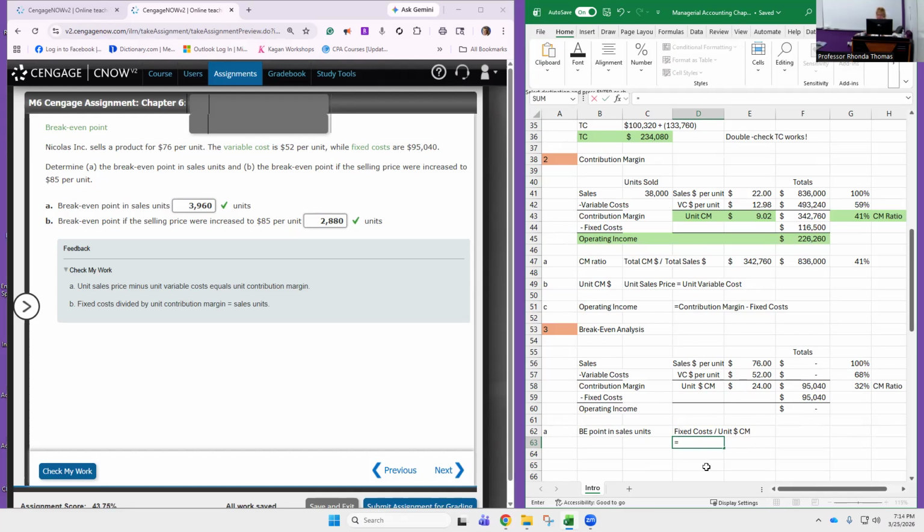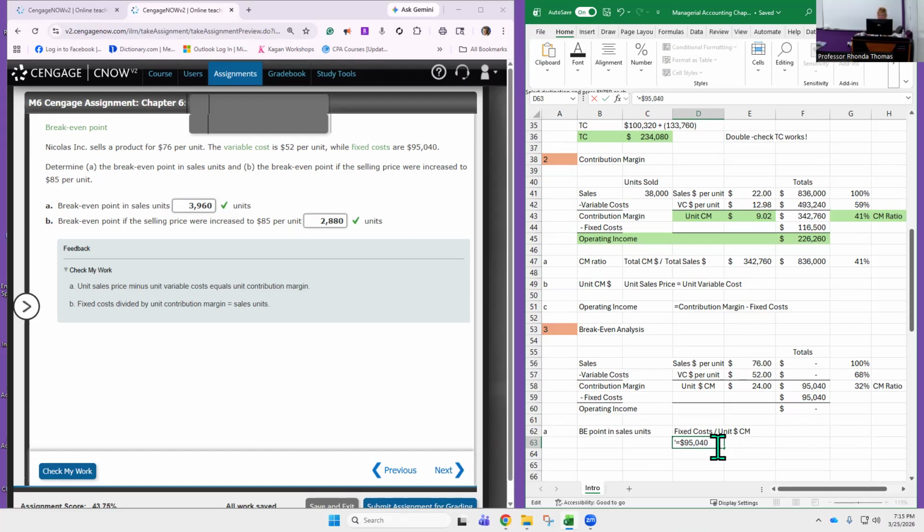So our fixed costs are $95,040. I'm going to show you my formula here: equals fixed costs, $95,040.